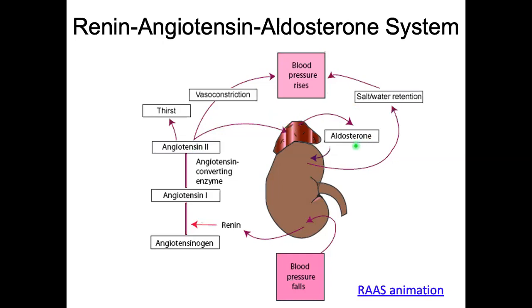Aldosterone is going to go to your distal convoluted tubule. It's not enough to say kidney or nephron. It's your distal convoluted tubule, and that is going to cause you to reabsorb sodium, and water is going to follow it. So your blood pressure is going to rise.